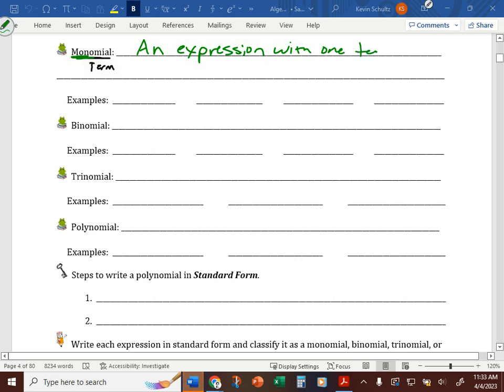with one term. Okay, an expression with one term. And what separates terms in a mathematical expression? Parentheses, not necessarily. Exponents, no. You're on the right track though, as far as operations. It is addition and subtraction separate terms.